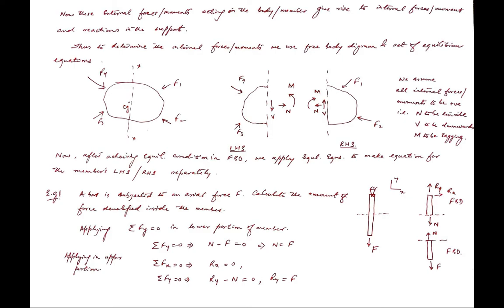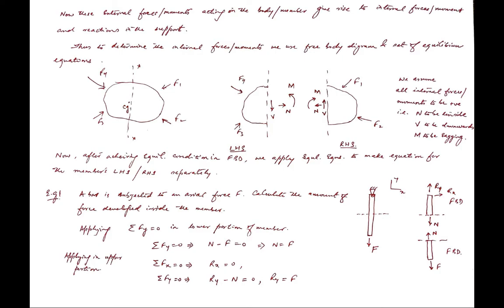First of all we assume that this normal force is acting outward, and the nature of this force is tensile. The shear force is acting downwards. Why we take it as downward, I will tell you later, when we go for a problem.